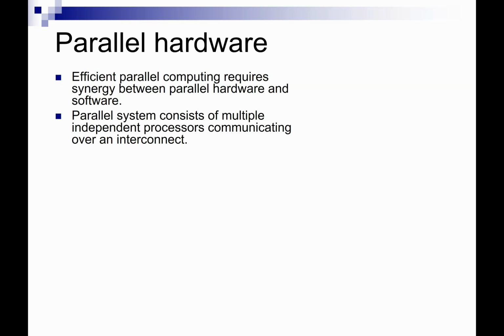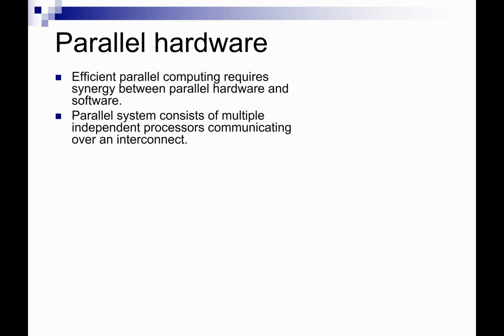So what does parallel hardware look like? Well, a parallel system basically consists of many processors. Each of the processors can do independent computation, but because we want to combine all of these processors to solve one overall problem, the processors need to communicate with each other.